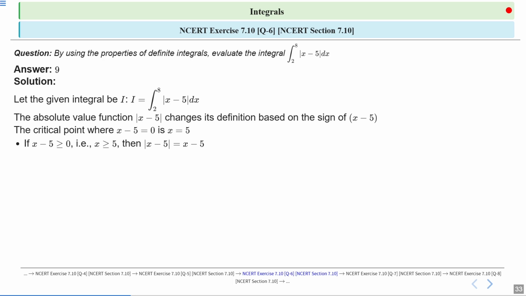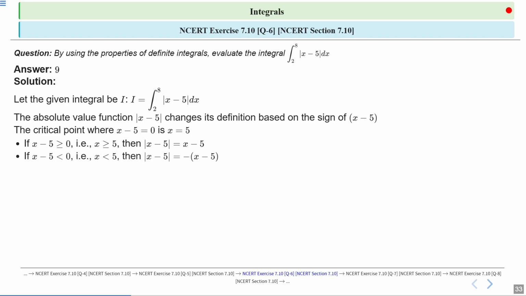Now if x minus 5 is greater than 0, then x is greater than or equal to 5. So in that interval, when x is greater than 5, the value of the absolute value of x minus 5 is x minus 5.